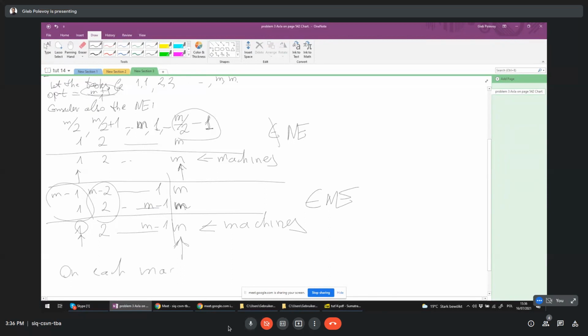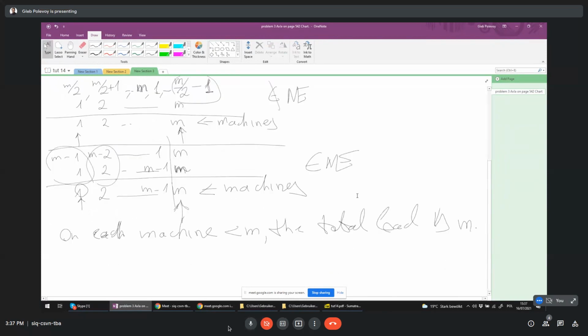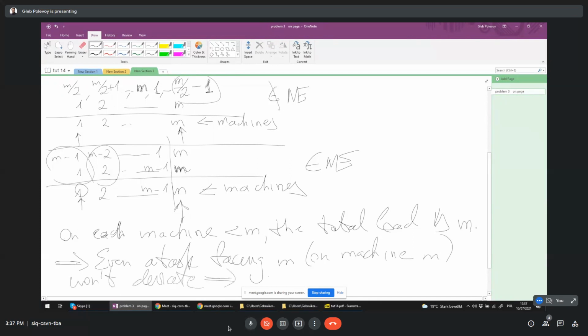On each machine smaller than M, the total load is M. Therefore, even a task facing M already, M on machine M, won't deviate, and therefore it means it's an equilibrium.